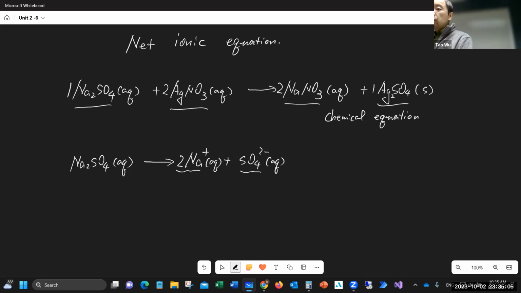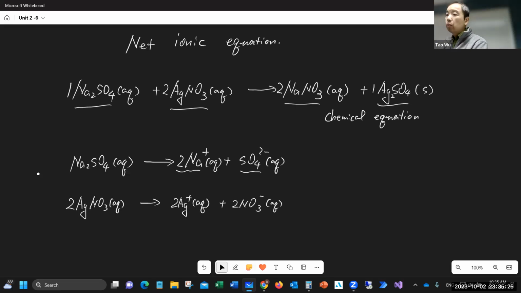Silver nitrate is doing the same thing. We have 2 moles of silver nitrate, then they become 2 moles of silver ions plus 2 moles of nitrate ions. So when they dissolve in the water, they totally become ions.